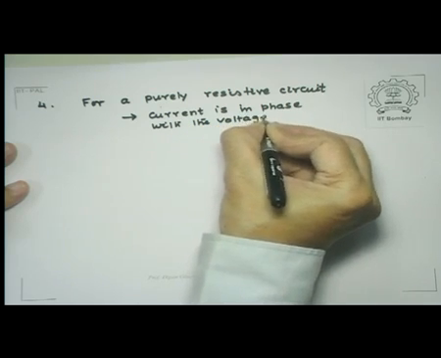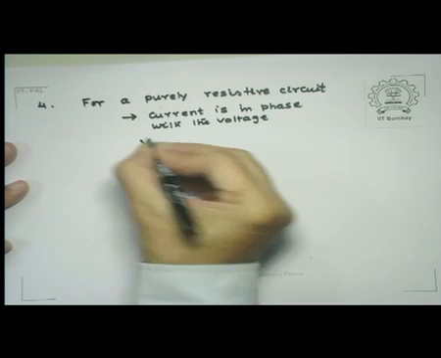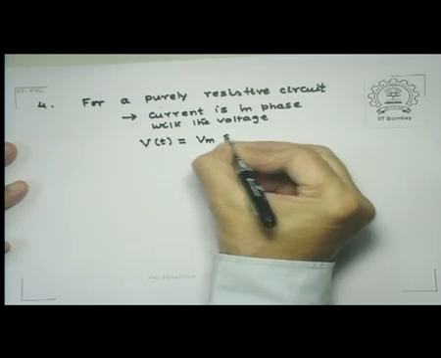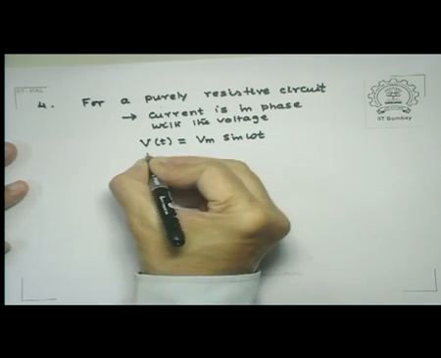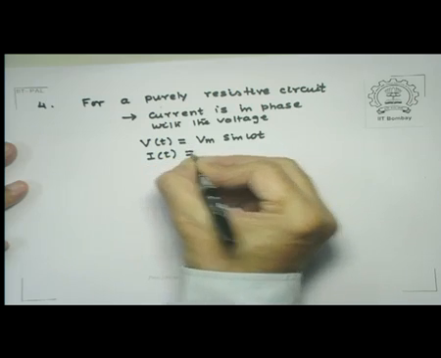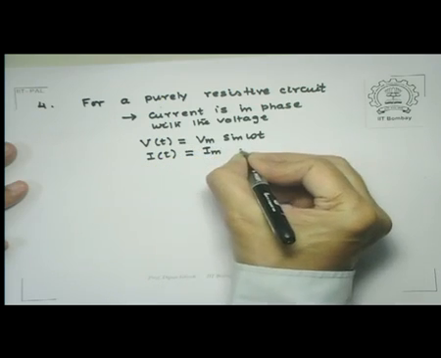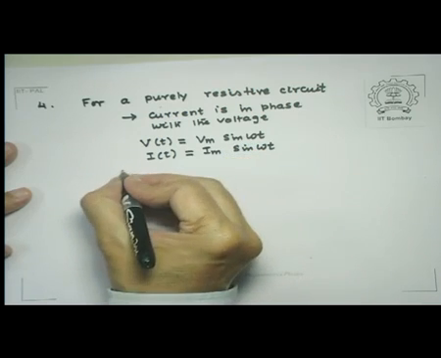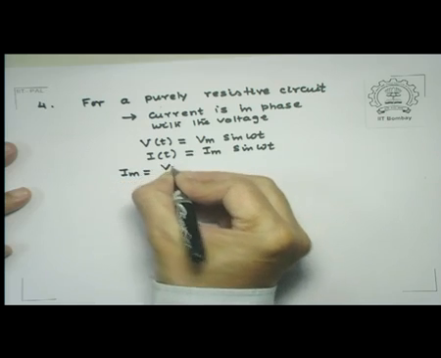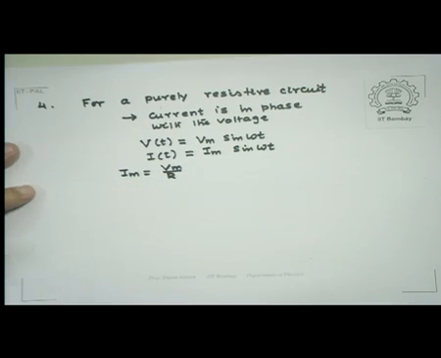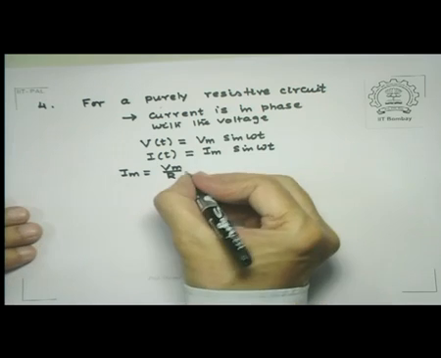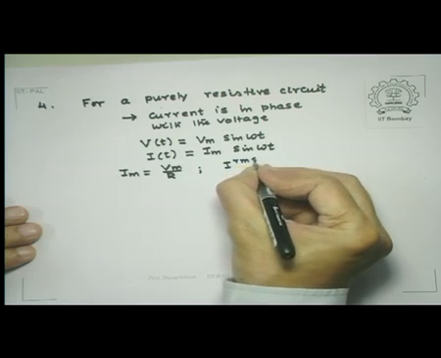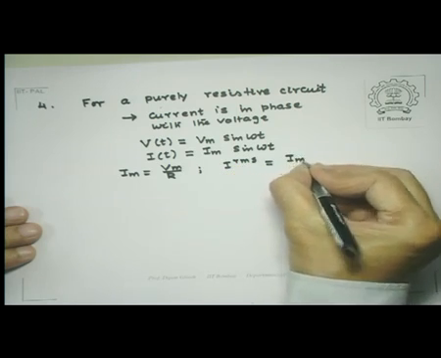What it means is that if my instantaneous voltage across the resistor is given by Vm sin omega t, then the instantaneous current is given by Im sin omega t, where Im is equal to Vm by R, the usual Ohm's law expression. And we also defined the RMS current by saying that I RMS is I maximum by square root of 2.